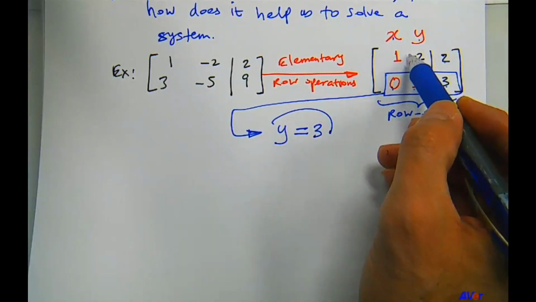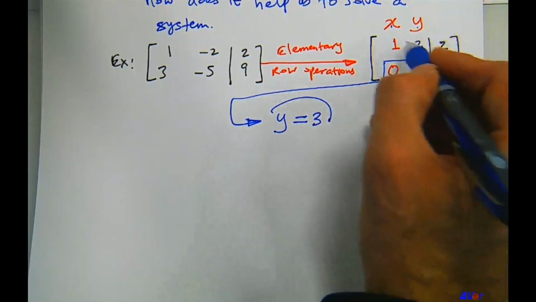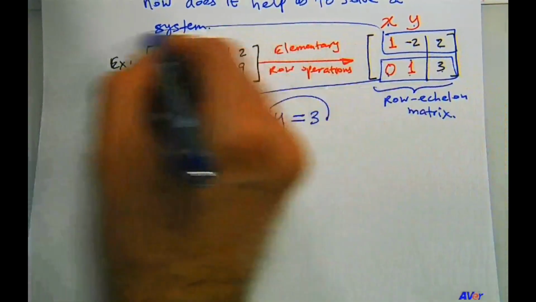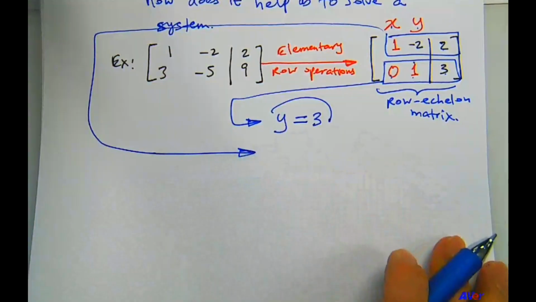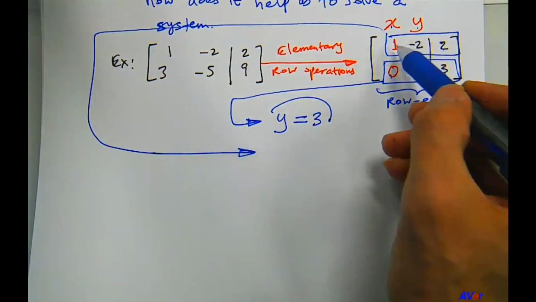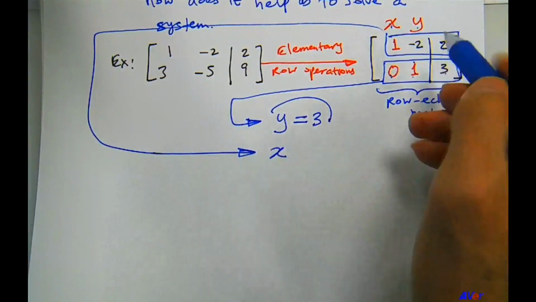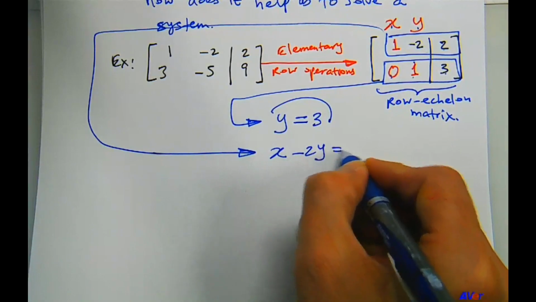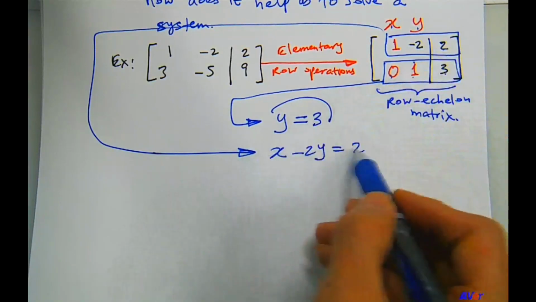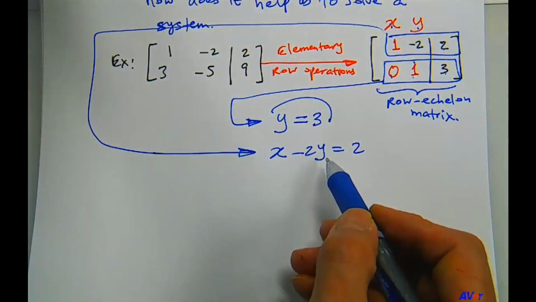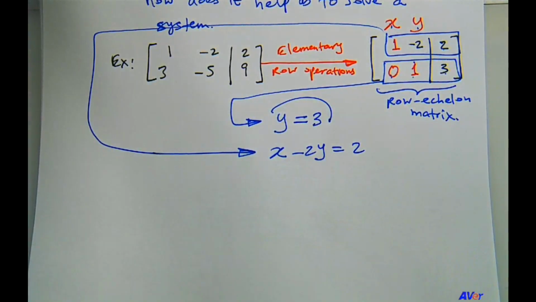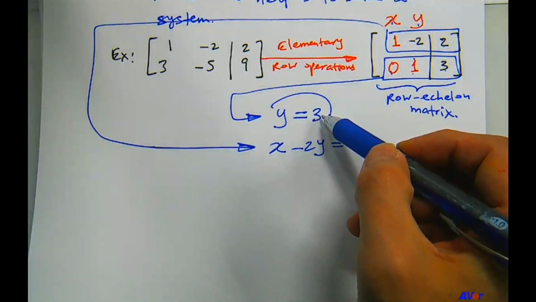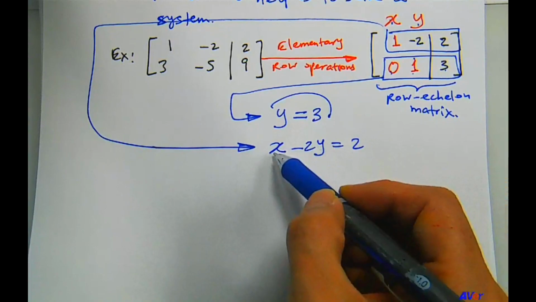Now let's move up and rewrite using these numbers in the row echelon matrix. We're going to rewrite the full equation. So we write 1 times x is x, minus 2 times y is minus 2y, equals the constant. So I'm rewriting the original equation with the variables attached. Now we've already figured out what y is, so we can plug that in here and solve for x.